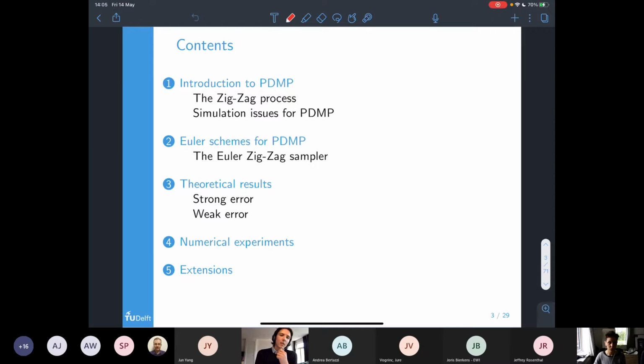Then we will go to Euler schemes for PDMPs, so approximation schemes, and we will motivate why we need them, in which cases. We will then go through some theoretical results for such schemes, strong error results, weak error results. Then a very quick numerical experiment, and then some extensions to what I will talk about in this talk, some things I have no time to discuss, and some final remarks.